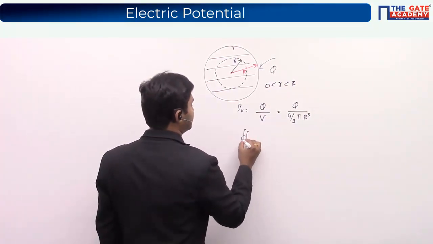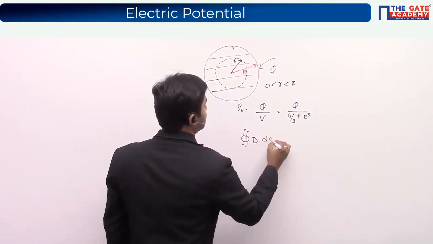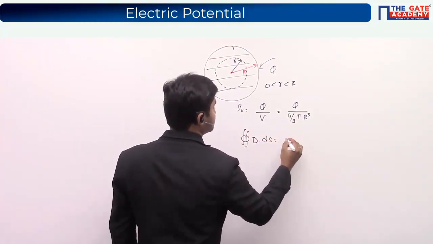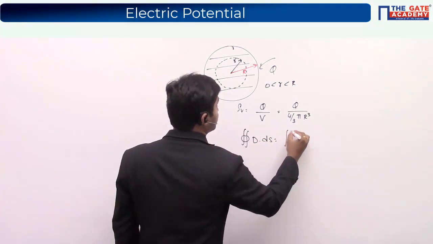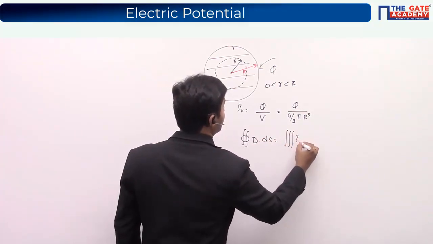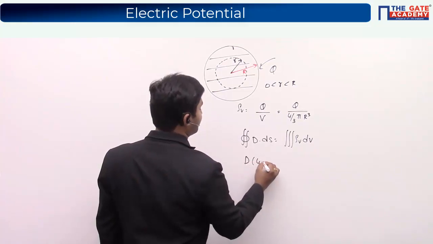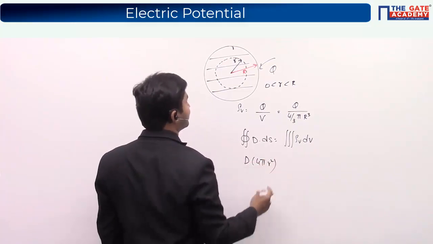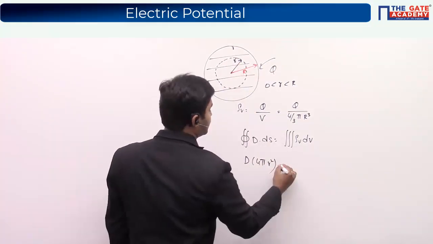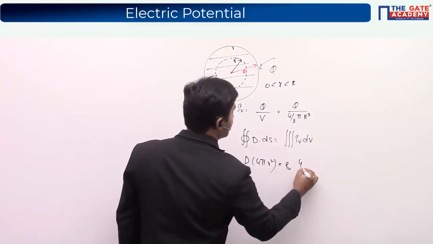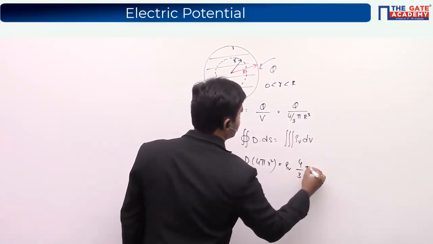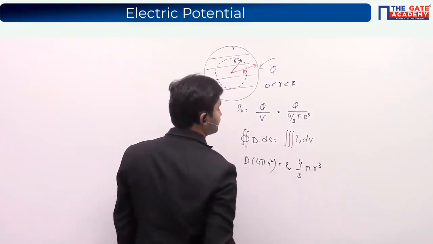The closed surface integral of D dot dS is equal to the total charge enclosed, which I can write as the volume integral of rho v dv. So this is D multiplied by 4 pi r square, with a radius of small r, and on the right it is rho v multiplied by 4 by 3 pi small r cube.